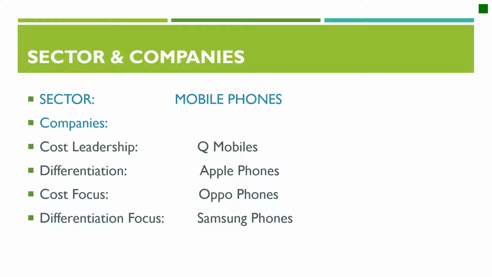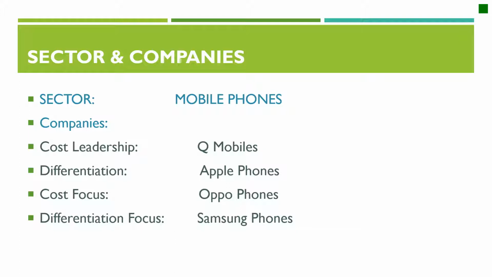Moving on to the fourth point, which is differentiation focus. Here the market is narrow, but the product quality is unique. People want to buy that particular phone because of its uniqueness. There is something in Samsung phones that Apple phones cannot provide to their customers, like data being shared via Bluetooth.